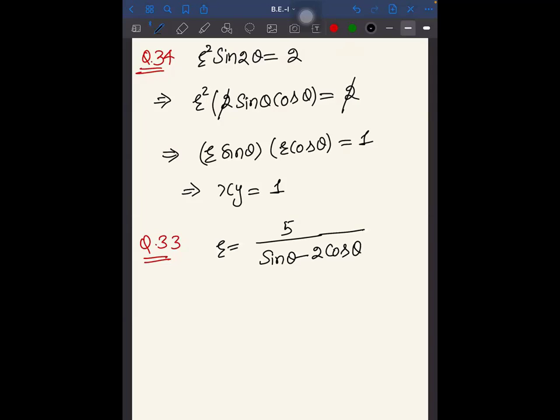Any idea? Sir, cross multiplying. Nothing else, it will be done easily with cross multiplication. So that is r sin theta minus 2r cos theta is equal to 5. So y minus 2x is equal to 5. Again a straight line, right?